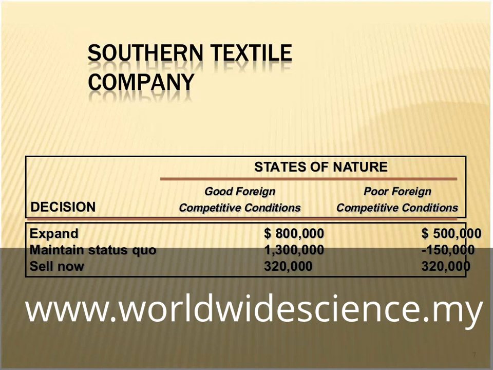They have spent a lot of money and they cannot compete in this situation. They cannot sell their product in this situation. So this is a loss for the company. This is not profit. They have expended a lot of money to maintain this situation, but unfortunately, they couldn't sell their products because the foreign competitive condition is poor.